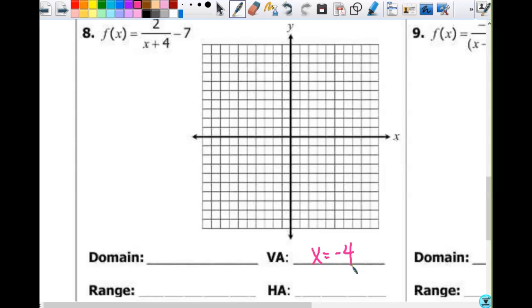And then it gets shifted down 7. So then this is y equals negative 7. And then I'm going to get my asymptotes sketched in. So go to negative 4, and negative 7.